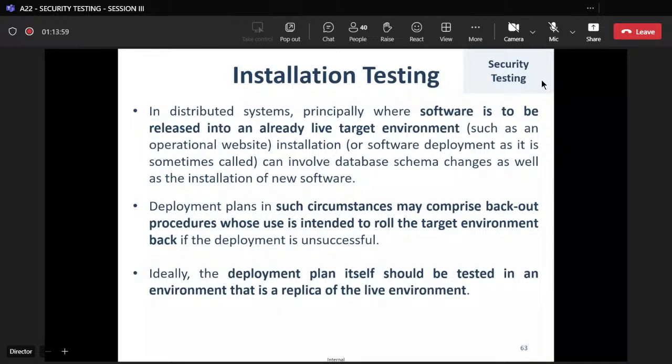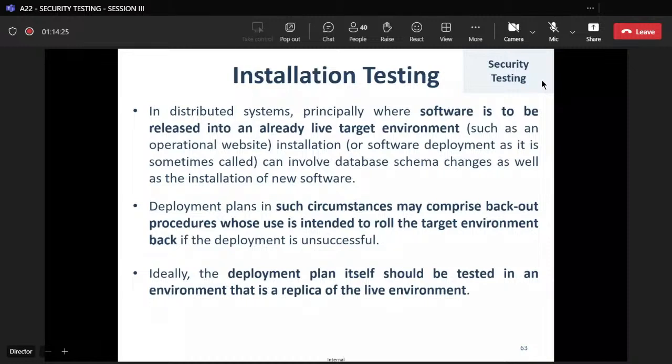In distributed systems, the software is principally released into an already live target environment. For example, there may be a change in the database schema, or the installation of new software. In such circumstances, they may include a backup procedure intended for the rollout to the target environment.